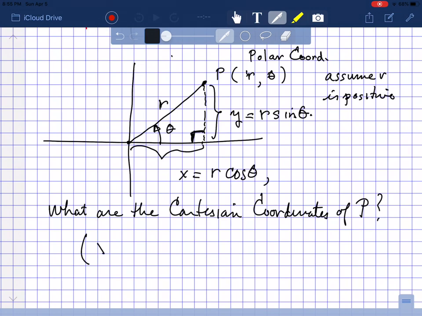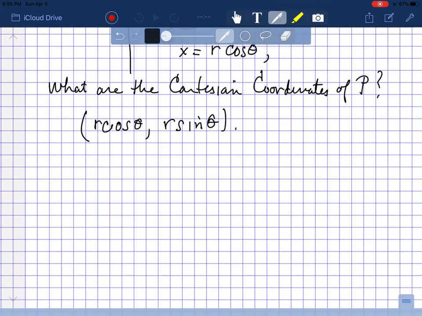So what we can say is that the point P has the Cartesian coordinates r times the cosine of theta and r times the sine of theta.